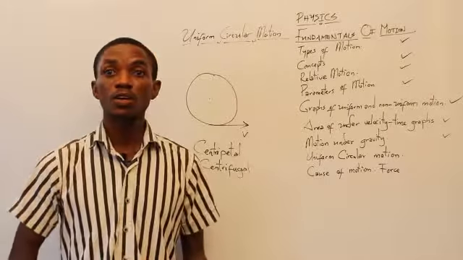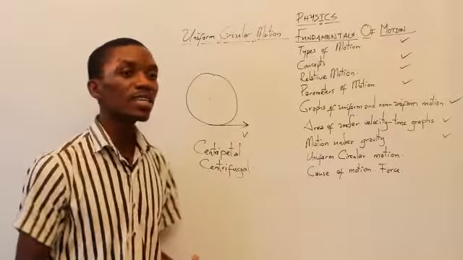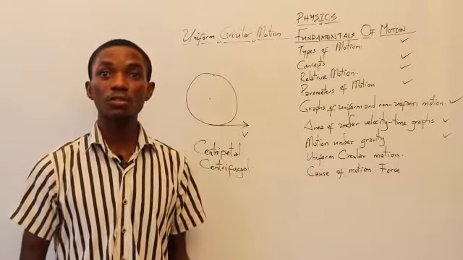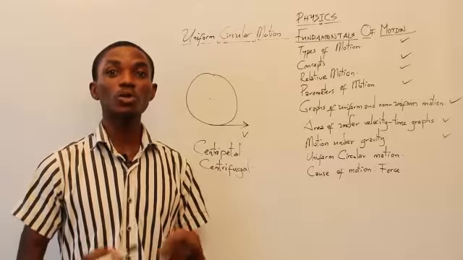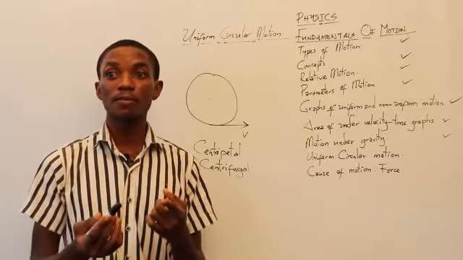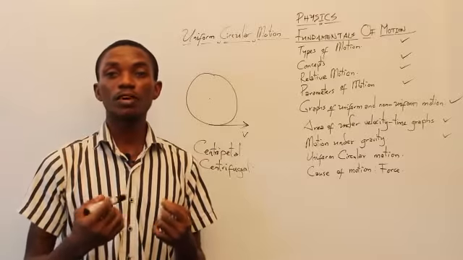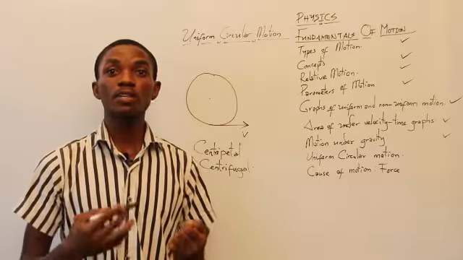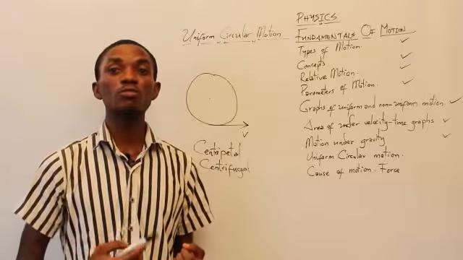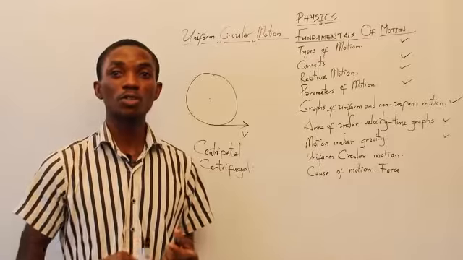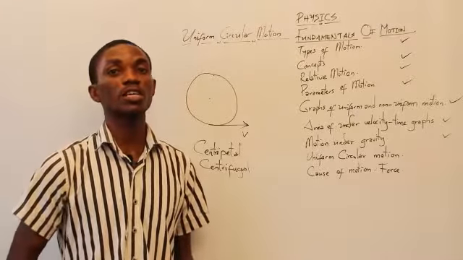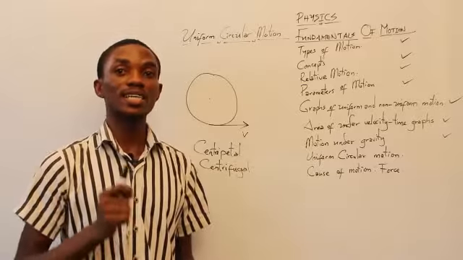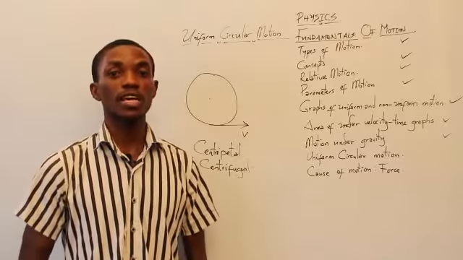So at this point, we'll come to talk about centripetal acceleration and centrifugal acceleration. There is something usually said for a rocket to actually escape, for a particular body to escape the atmosphere, it has to move with a particular acceleration and velocity which is greater than the centripetal force of the Earth.